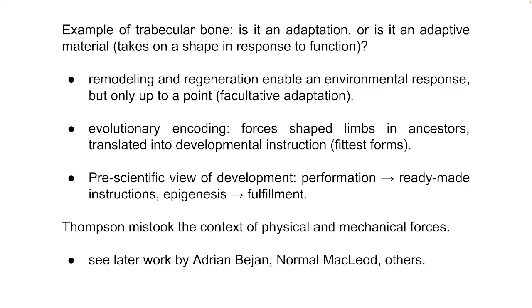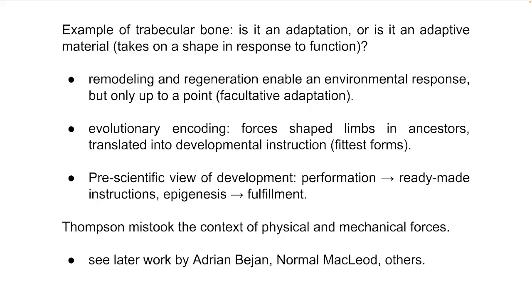So they get encoded in genes. So this is, of course, where maybe forces shape the limbs of ancestors. This translated into some sort of developmental instruction that was inherited in a Mendelian form.